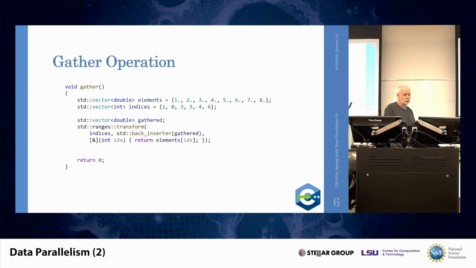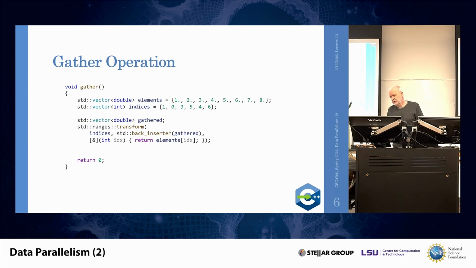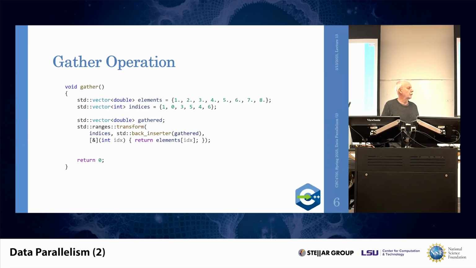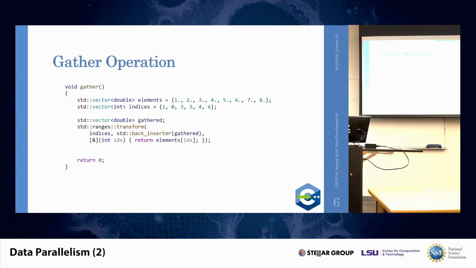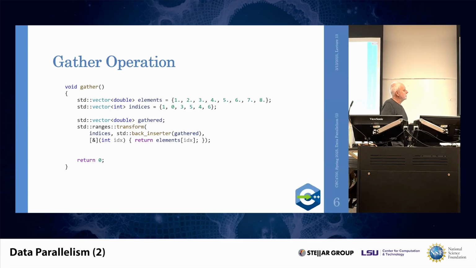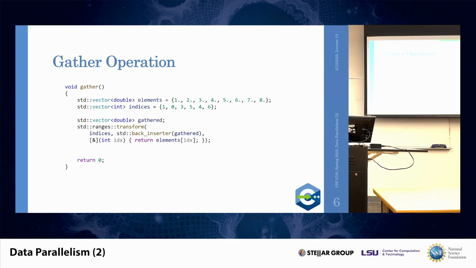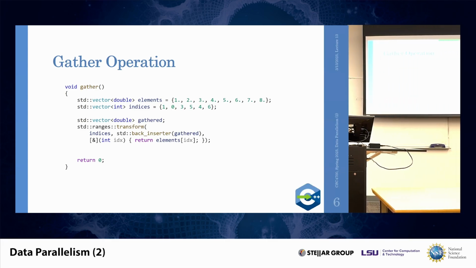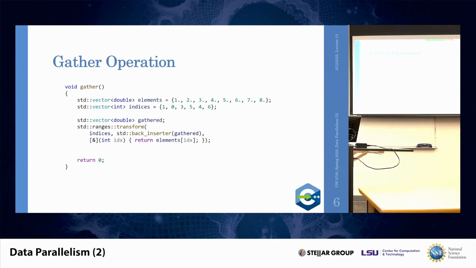Well, we already talked about transform, the C++ name for the map algorithm, which is really, really simple. We go over all the indices in the input and invoke the transformation function for each of those indices and use that to pick the corresponding element from the input, which is then added to the output array.